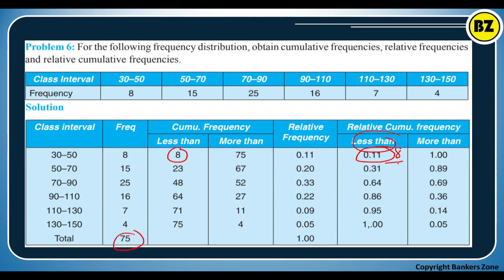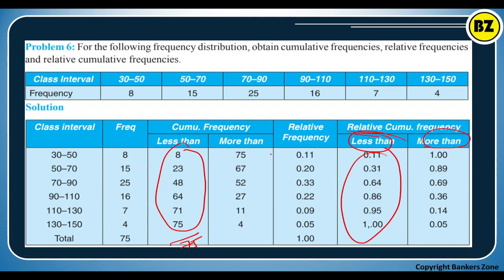So 8 upon 75, when you divide, you will get 0.1. That will be your value for less than. For 75, the total is also 75, so here you will get 1. Very easy, simply just divide. For relative frequency less than, use this table and divide each value by 75, and you will get the table values.